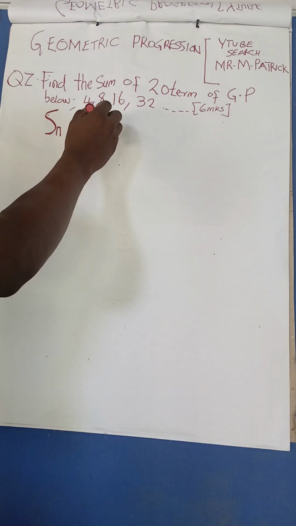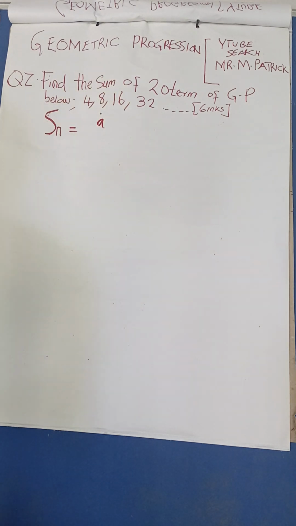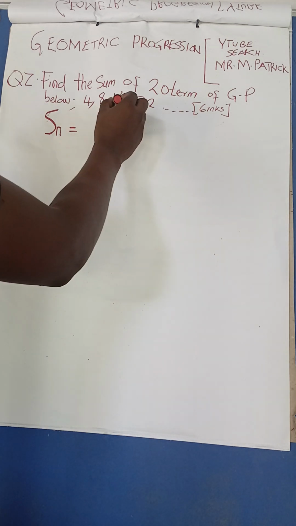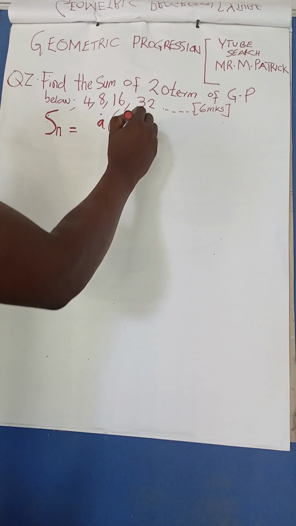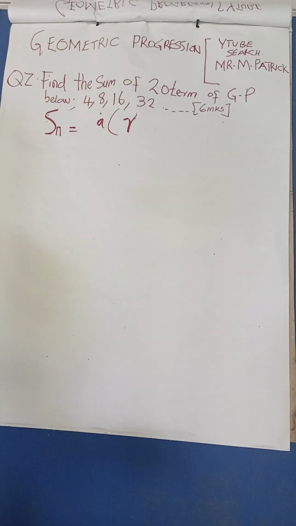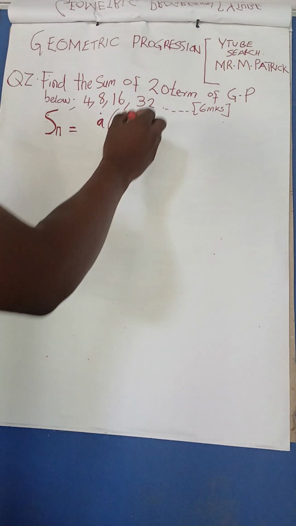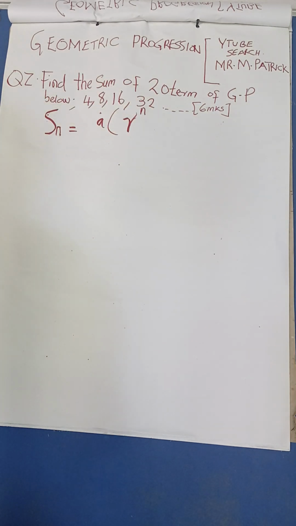So the formula remains: A, which I always say is the first term of the sequence, in brackets, R, which remains the common ratio, as I discussed in the last video, to the power n. n will remain the term that you have been asked.